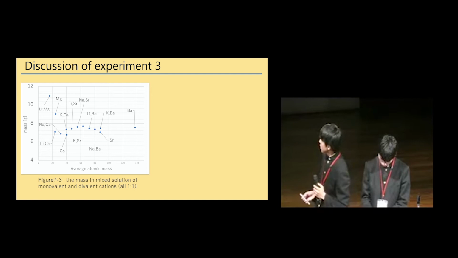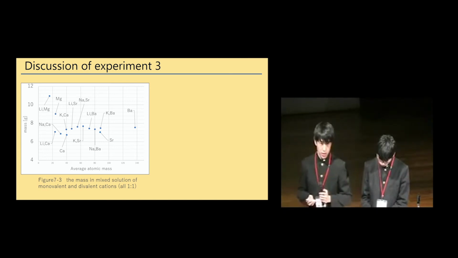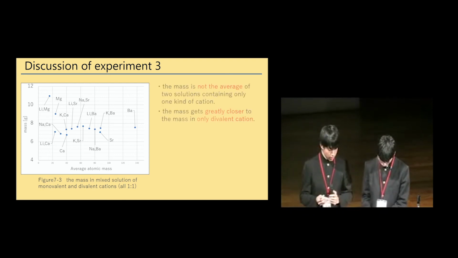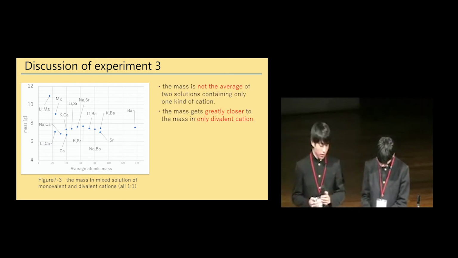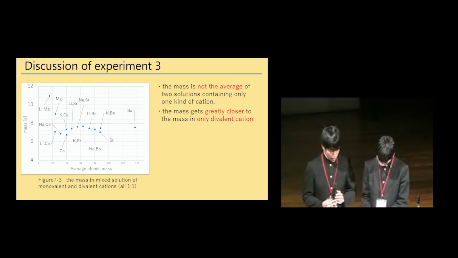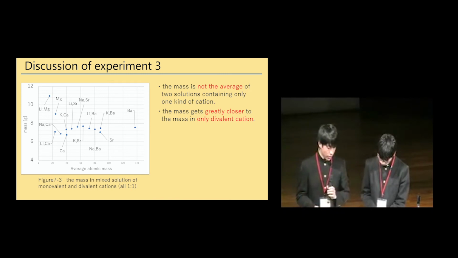In addition, figure 7.3 shows the mass where the monovalent and divalent cations are mixed. In this figure, all the mixed solutions are at the ratio of 1:1. In this mixed solution, the mass greatly gets closer to the divalent cations. For this reason, as mentioned above, it can be expected that if there are even a few divalent cations in a solution, osmotic pressure increases, and when cations are exchanged, the volume of water retention in the SAP decreases greatly.